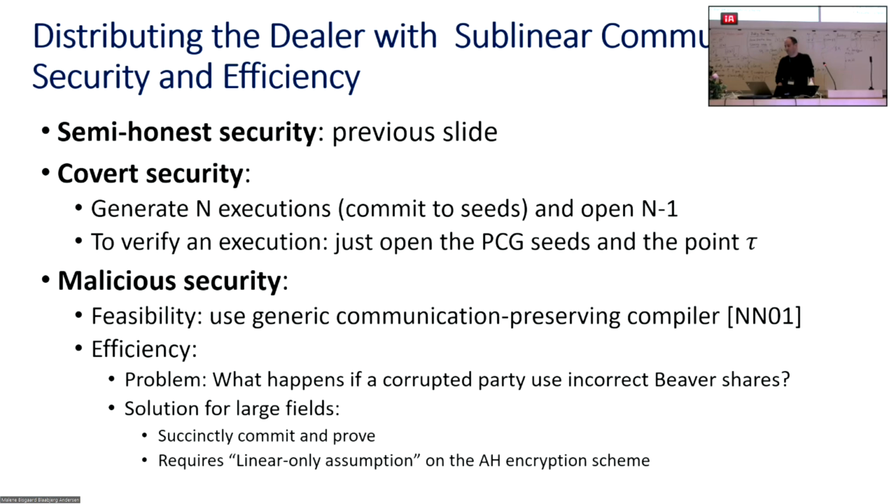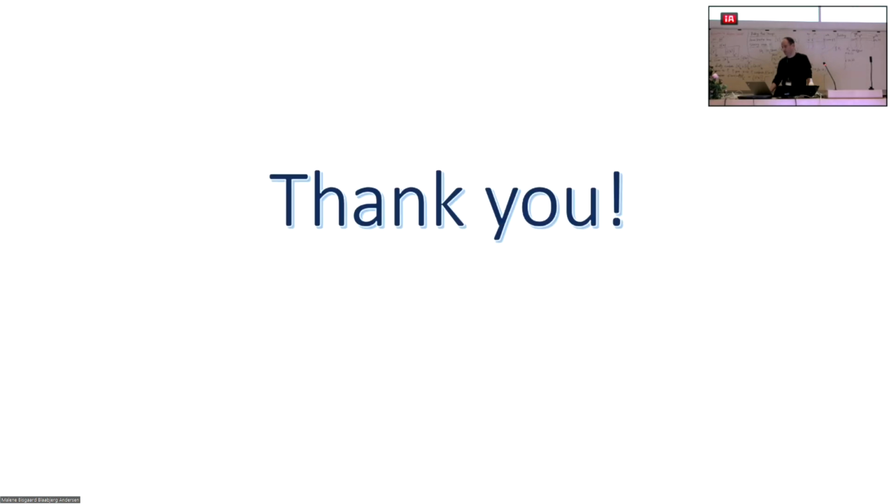For example, to use some succinct commitment and to prove that the parties used the values that they committed to. This will also require us to use another assumption for the additively homomorphic encryption scheme, which is called the linear-only assumption, which seems plausible. Anyway, I see that I'm running out of time. So thank you very much.